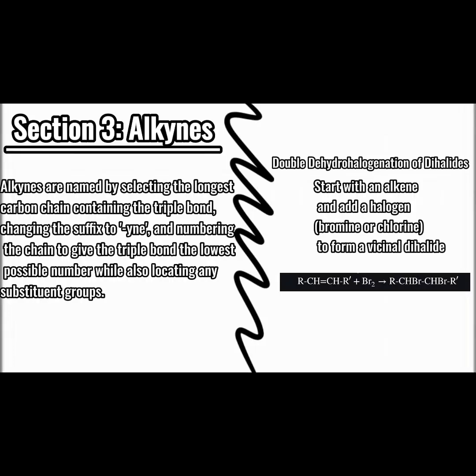For the method of preparation, alkynes are commonly prepared by the double dehydrohalogenation of vicinal or geminal dihalides using a strong base. It starts with an alkene and adds a halogen, bromine or chlorine, to form a vicinal dihalide.